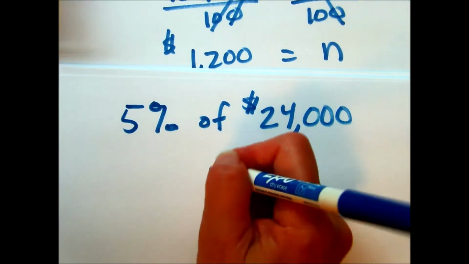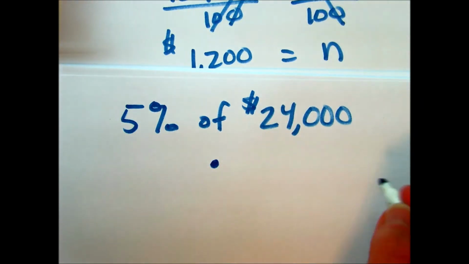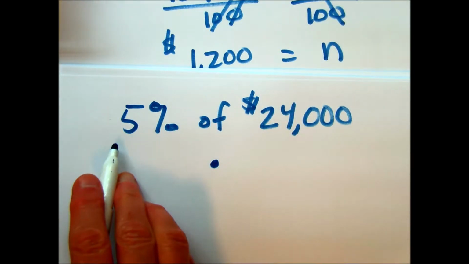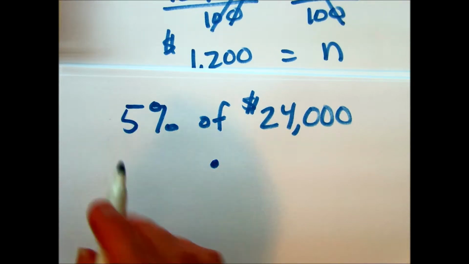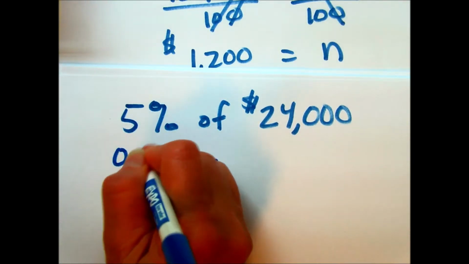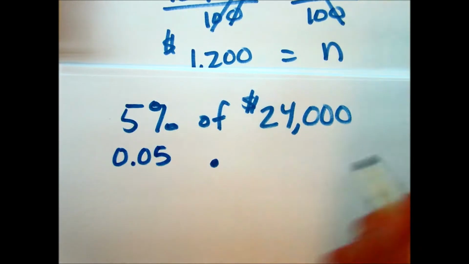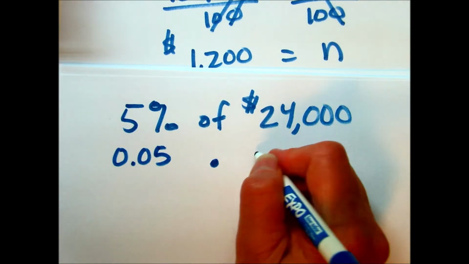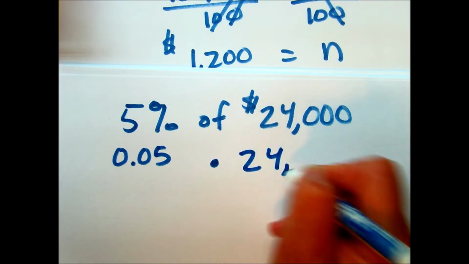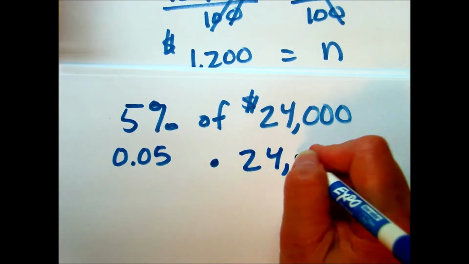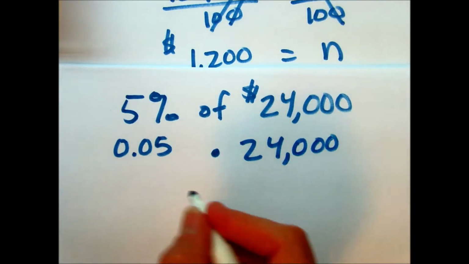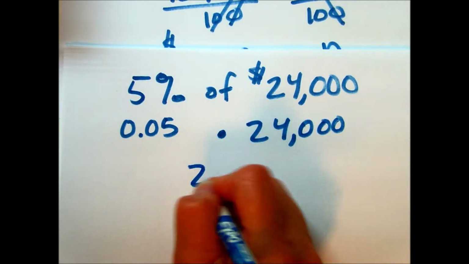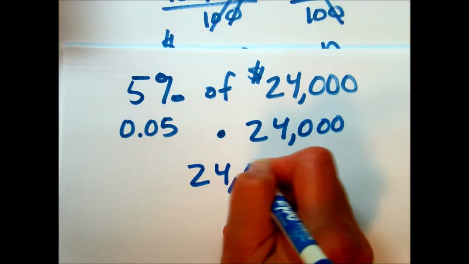We know that of means multiply, and we're going to change this percent to a decimal. So that's going to be 0.05, and we'll bring this down. So we're multiplying 0.05 by 24,000. If we do the math, we should come up with the same thing.